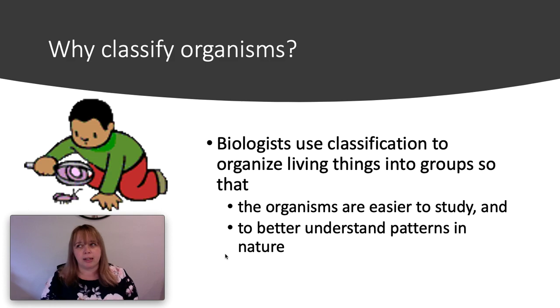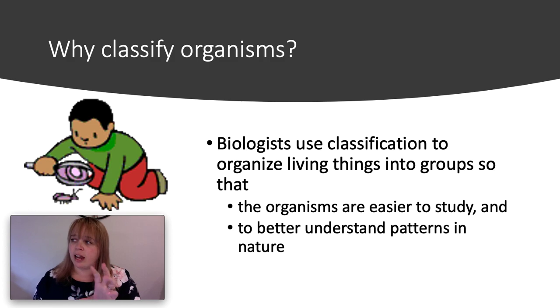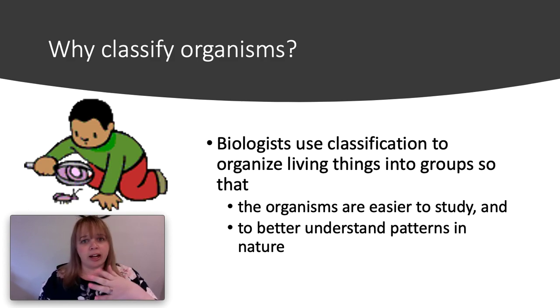But why do we want to classify organisms? So biologists, like me, like you, use classification to organize living things into groups so that the organism can be easier to study. And also, we get to identify patterns in nature. We can say, okay, I'm going to classify me, a human, as a mammal.